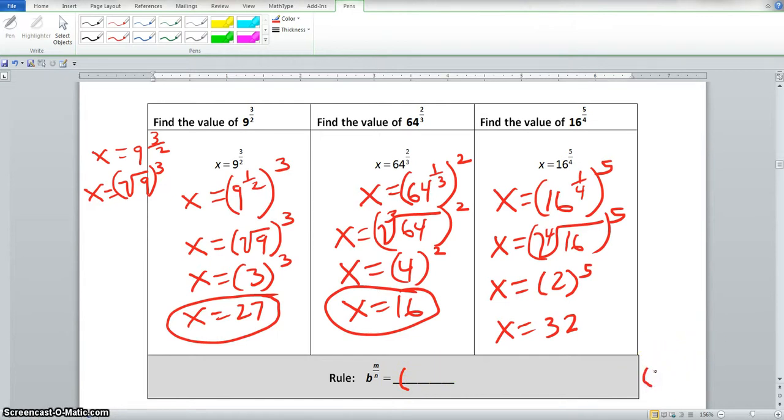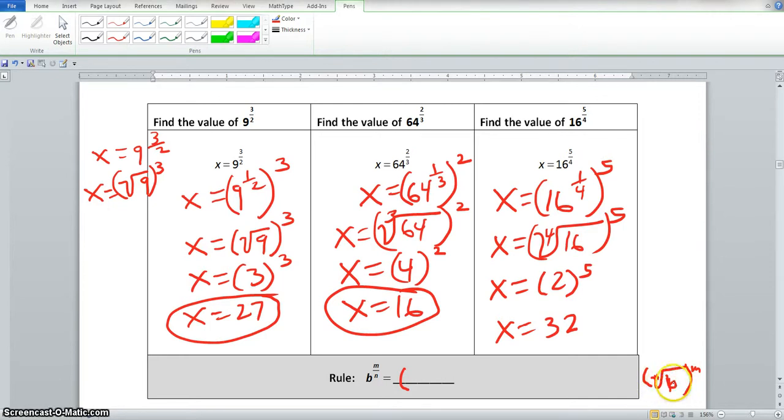So we'll put our parentheses, we'll put our nth root. Oh, I guess it is going to shift. The nth root of the base. We'll put it in parentheses, and then it'll be to the m power. Now remember, this right here is a b, but it's shifting.